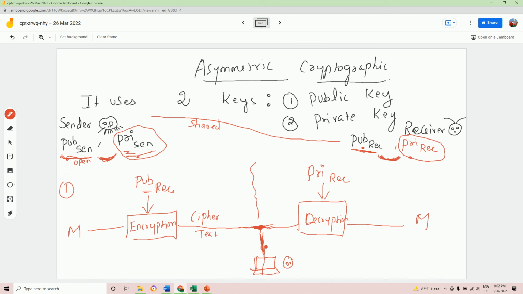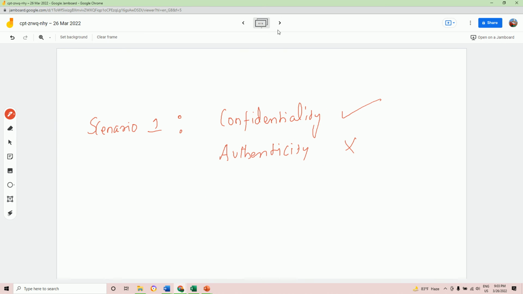So there is no authenticity in this scheme. So when you encrypt with the public key of the receiver and decrypt with the private key of the receiver, okay, scenario 1 means for encryption, the public key of the receiver is used.